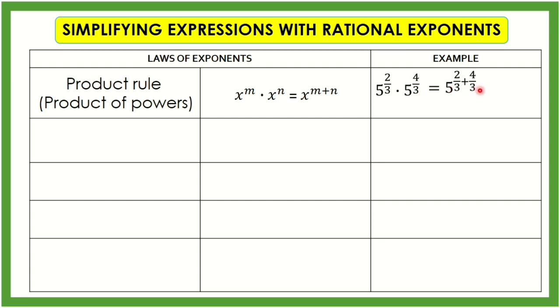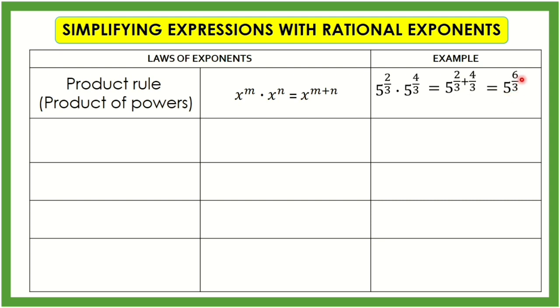Then simplify. 5 raised to, as you can see, yung ating exponent or fraction natin ay parehas ang denominator. Pag parehas ang denominator, we copy the denominator and then pinag-a-add natin yung numerator. So we have 2 plus 4 is 6 and then copy the same denominator. So we have 5 raised to 6 over 3.